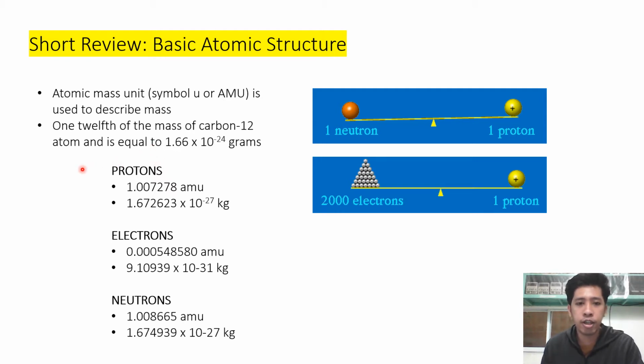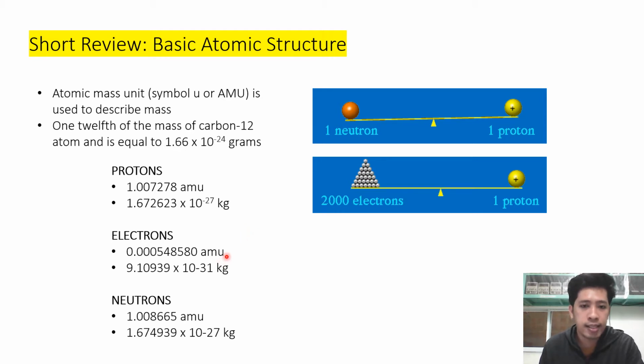As you can see here, the proton has a mass of 1.007278 amu, or in kilograms, it is 1.672623 times 10 to the negative 27 kilograms. So just from here, you can see that it would be much easier to use the atomic mass unit as compared to using kilograms. The electron, on the other hand, has a mass of 0.000548580 amu.